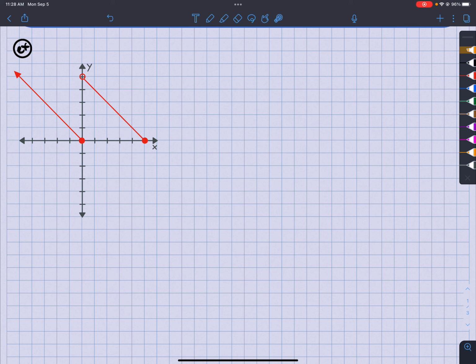All right. So with that being said, let's take a look. First, let's break this up a little bit. Let's look at this right here. What interval of the domain does this line involve? Well, this line involves anything from negative infinity to 0, right? So we're talking about the x values here to 0.